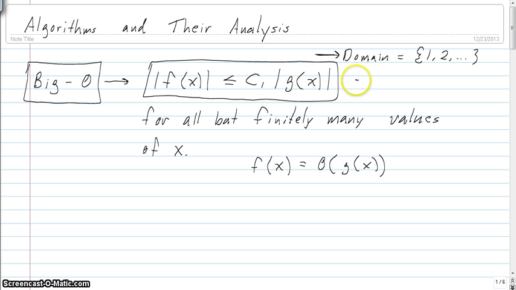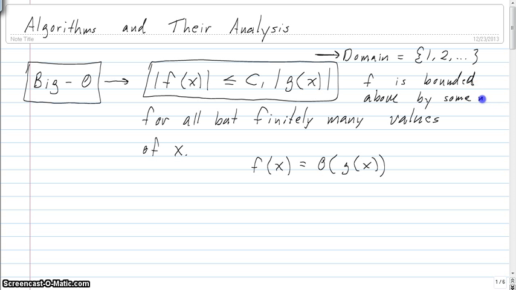But basically what this is saying is that our function f is bounded above by some multiple of g.